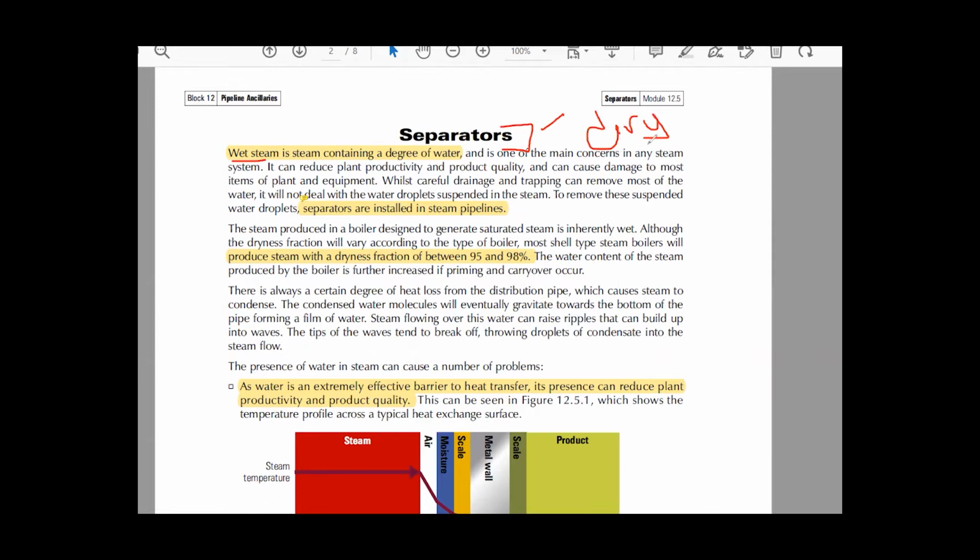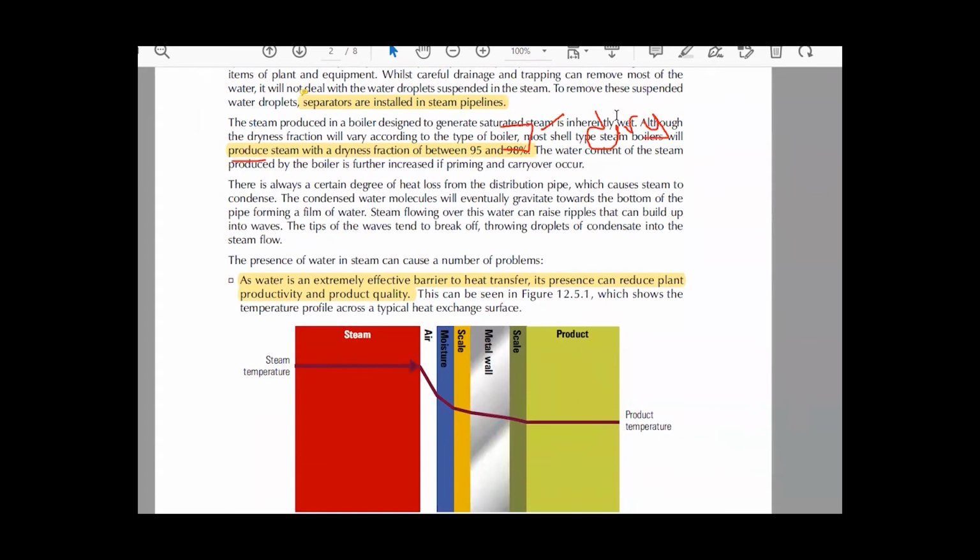So to get dry steam, I have to fit a separator and select its size, and we will learn how to select the appropriate size. The main function of the separator is to remove the water droplets from the steam, because these droplets can cause serious damage. They decrease the efficiency of heat transfer.